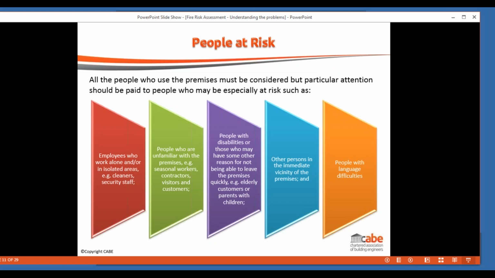And a lot of that actually changes significantly once we go outside the normal working day and we end up with just isolated contractors or cleaners or somebody working late within the building, where we have a much lower level of occupancy, and perhaps the detection by person of a fire is far less likely to happen. So we need to look at the sort of people who are at risk and the times that we're using the premises.